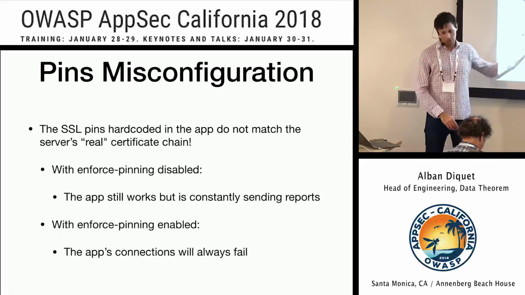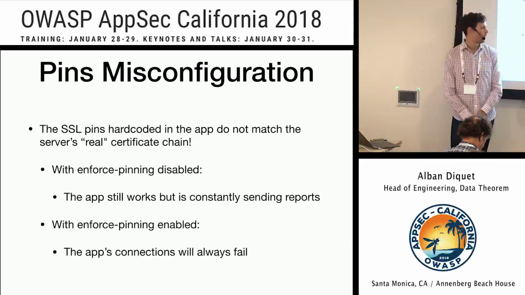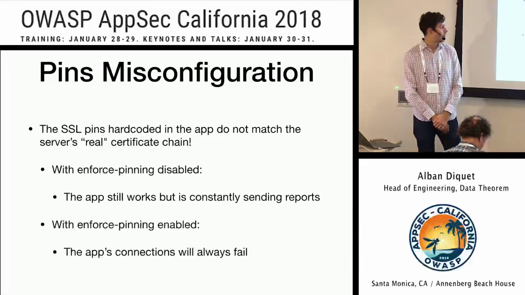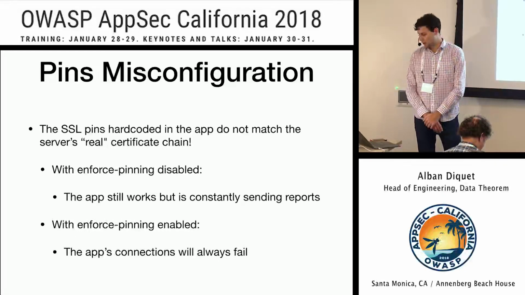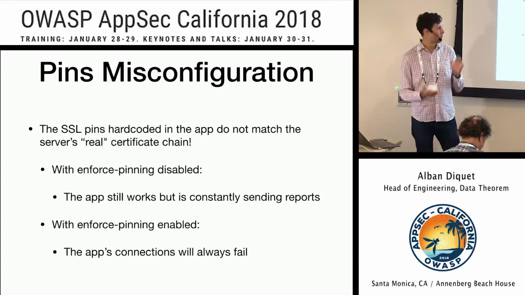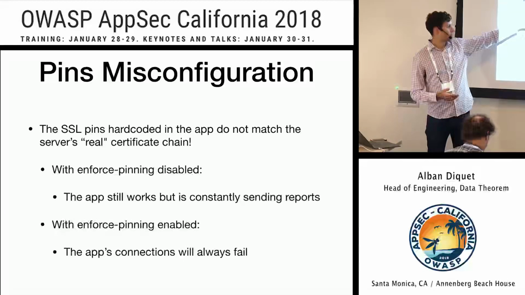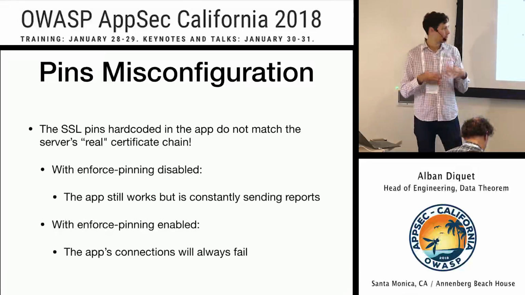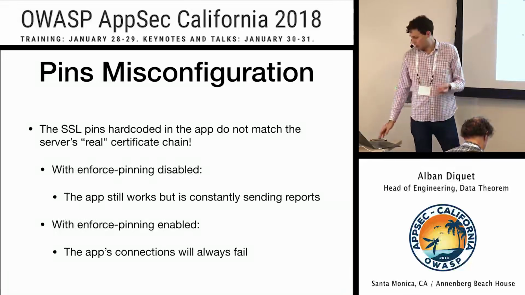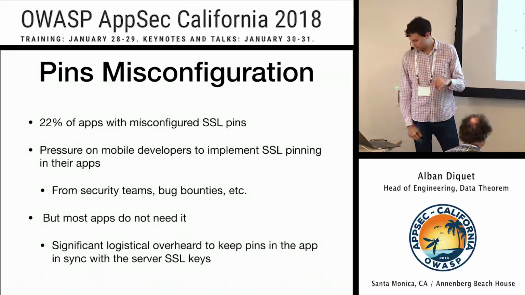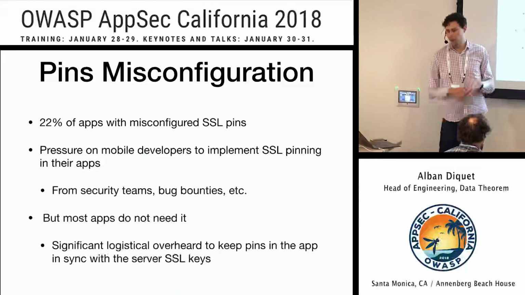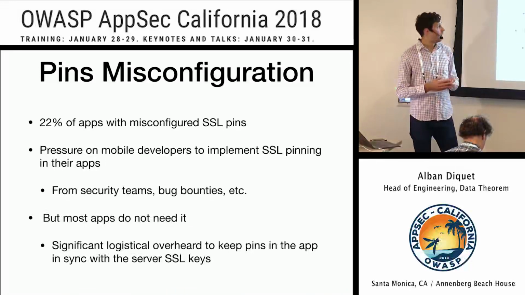And if you are enforcing pinning in your app, then your app just stops working because it cannot connect anymore. So 34%, that number is kind of inflated because, as soon as the app is misconfigured, we get lots of reports for every single connection. However, we looked at a different number, which is among all the apps that we can see, how many did have at some point a pinning misconfiguration, and that's 22%, which is huge.